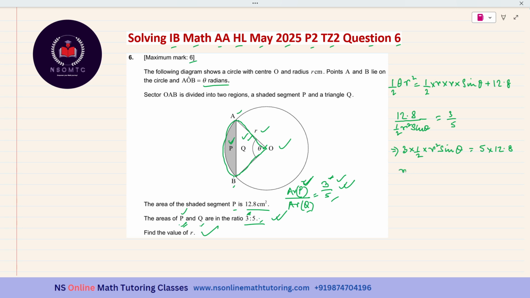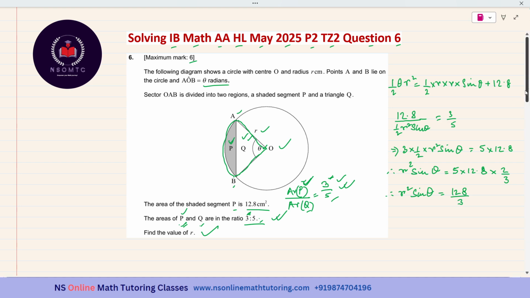So r squared sine theta is equal to 5 times 12.8 times 2/3. 5 times 2 is 10, and 12.8 times 10 is 128. Therefore r squared sine theta is equal to 128 divided by 3.